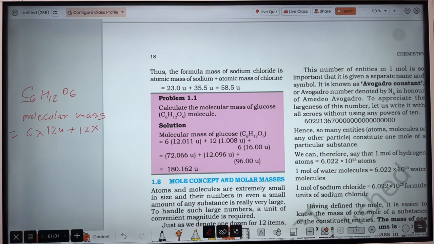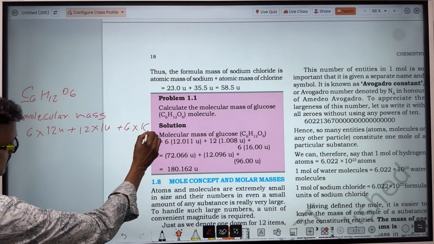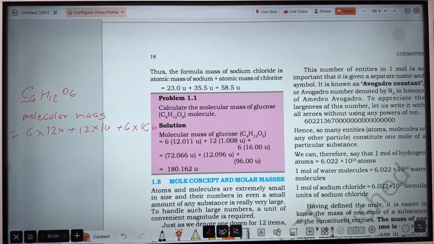So 12 into the atomic weight of hydrogen, which is 1 u, plus there are 6 oxygen, and the atomic weight of oxygen is 16 u. So 16 u. When you calculate that, it will come to 180 u.